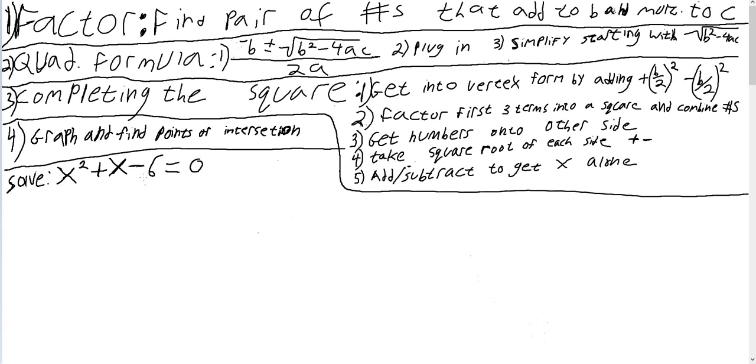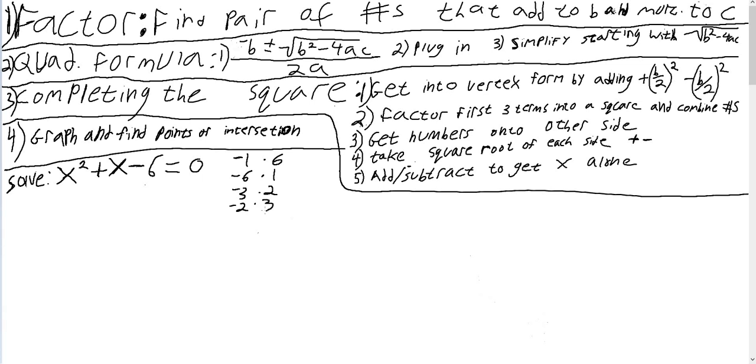Keep in mind that it's negative, so one of them is going to have to be negative, one of them positive. If it was plus 6, then they would have to both be negative or both be positive. Since it's negative, we have negative 1 times 6, or negative 6 times 1, or negative 3 times 2, or negative 2 times 3.